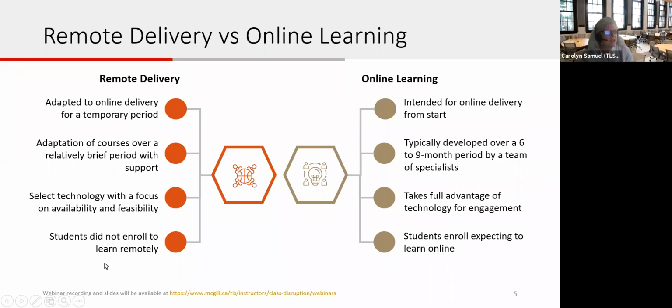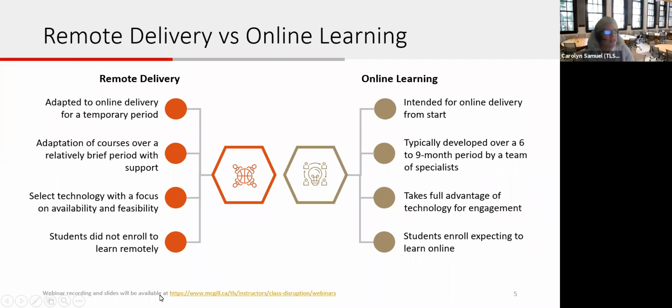And finally, students did not enroll to learn remotely. Okay, it's a temporary situation that we're all living. It's unexpected. In contrast, with online learning, students enrolled specifically to take their courses online.